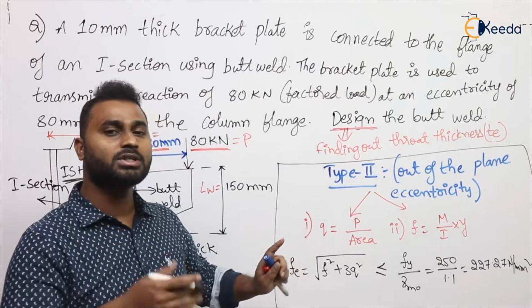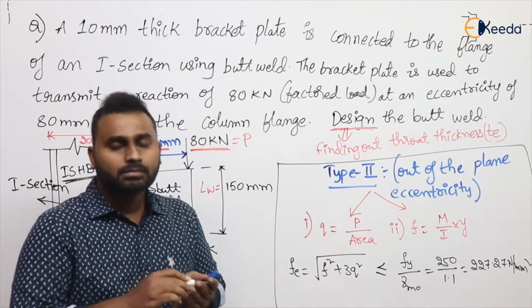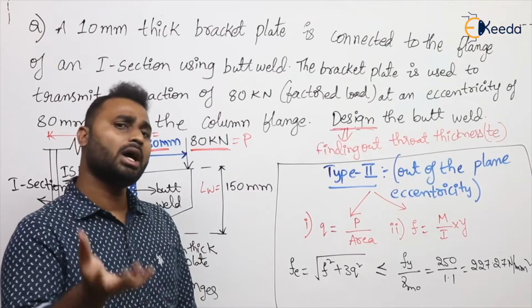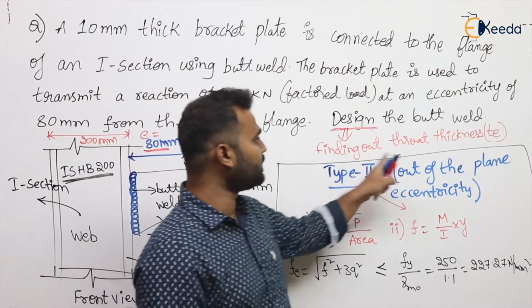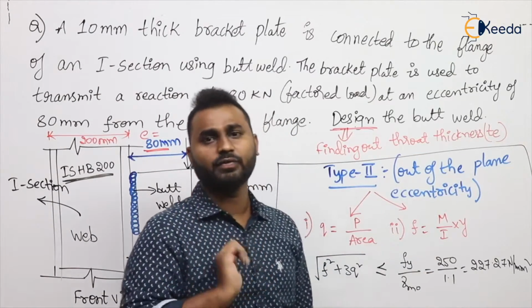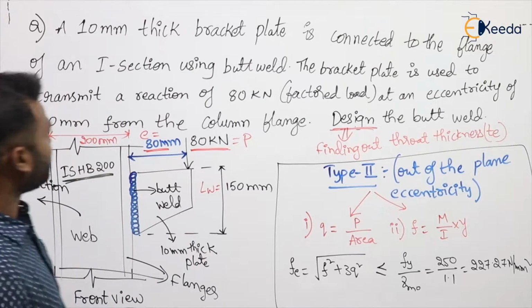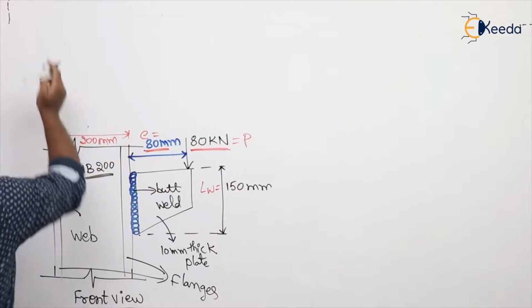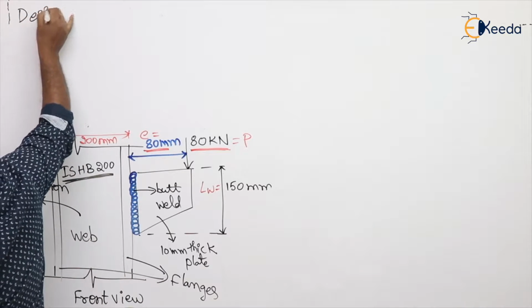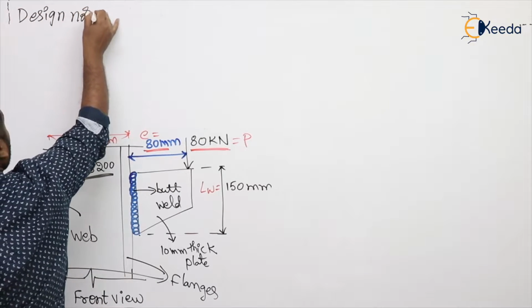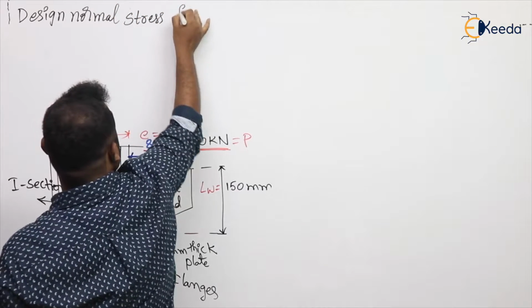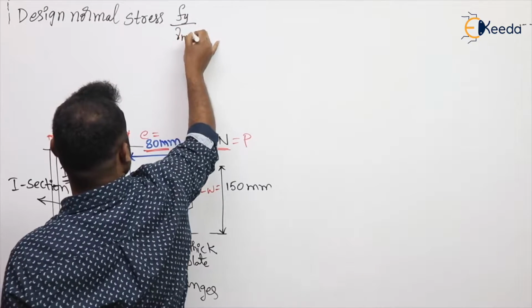So by making use of this, we are going to solve this question, or in other words, find this throat thickness. That is what is asked in this question. Clear? For that, I will rub the question. Design normal stress, already we have calculated, is Fy upon gamma m naught.